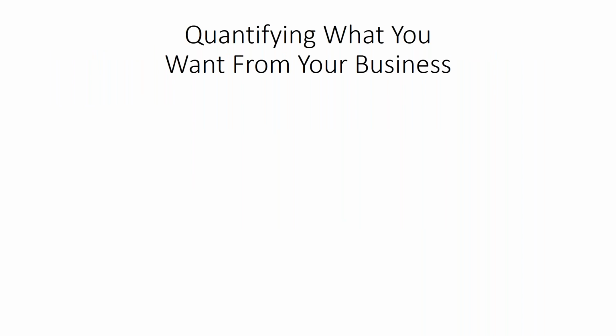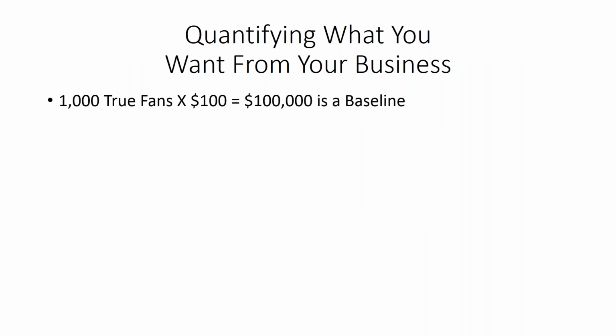One of the things that you and I are going to have to do is quantify what we want. That's really what we talked about here in the first session in Extreme Business Makeover: finding 1,000 true fans, the people who are going to spend at least $100 with you in the calendar year. That's your baseline, and $100,000 is your baseline. What you're trying to do is find 1,000 people who will spend $100 with you.